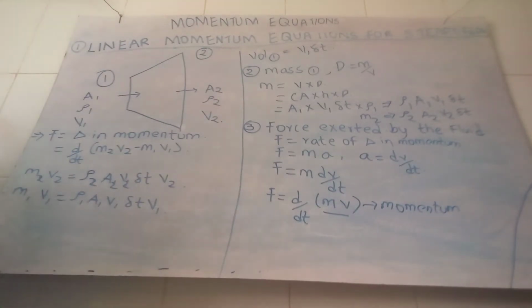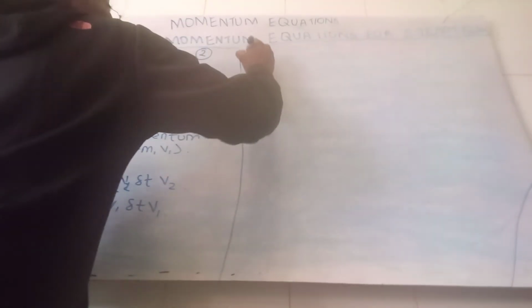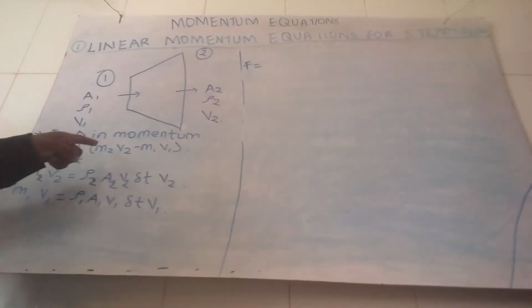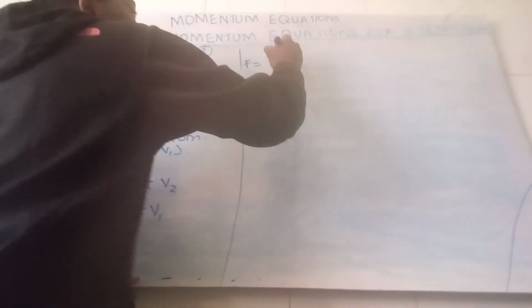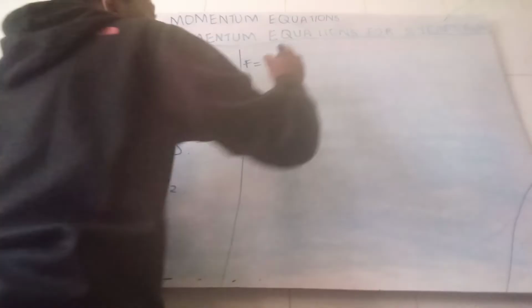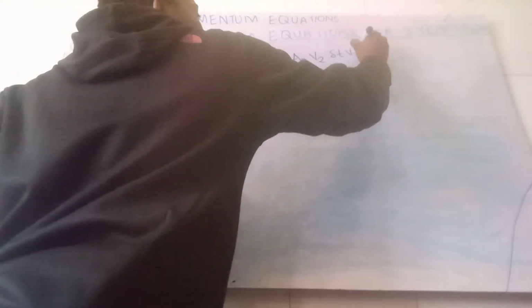So the force is given by m2 v2 minus m1 v1 all over dt. That is density 2, a2, v2 differential t, v2 minus density 1, a1, v1 differential t, v1, all over differential t.